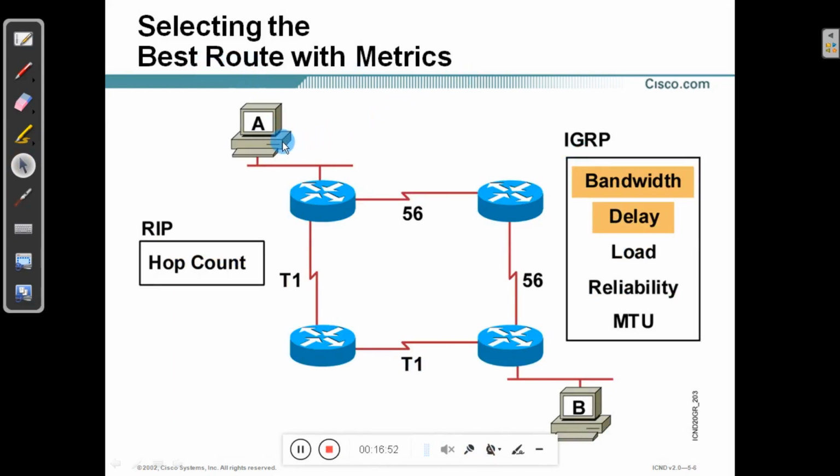Each routing protocol uses a different metric to determine the best route. For example, RIP, Routing Information Protocol, makes use of hop count to decide the best route. The route with the lower hop count is treated as the best route. IGRP, Interior Gateway Routing Protocol, makes use of bandwidth and delay. There are several metrics: bandwidth, delay, load, reliability, and MTU to decide the best route. Each protocol makes use of different types of metrics.